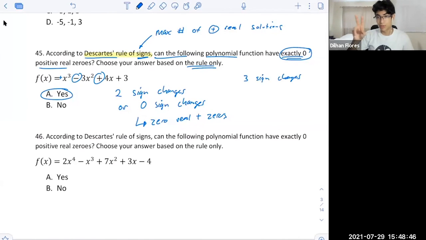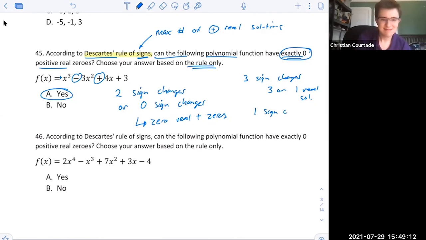Those are your two possibilities. Since there's two sign changes in this case, there can be two or zero. So what happens if there's only one sign change? Then there's going to be one positive zero. Okay, thank you. No problem.